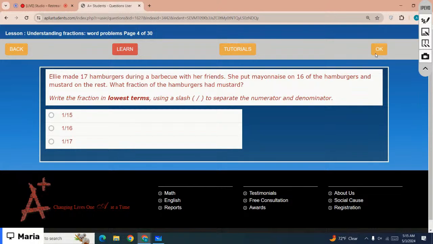The correct option is 1 out of 17 because the total hamburgers were 17. That would be 1 out of 17. Got it?